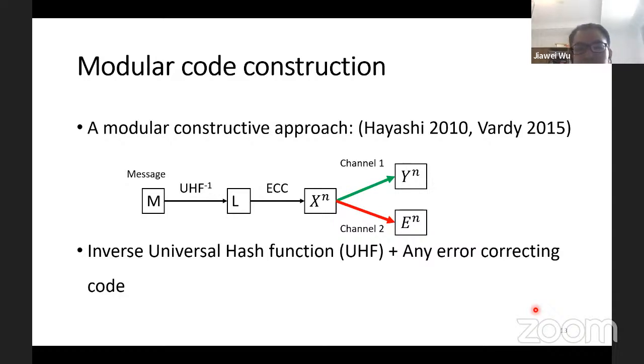Then we have our modular code construction for the CQ wiretap channel. The code is a concatenation of an inverse universal hash function and an arbitrary error correcting code.